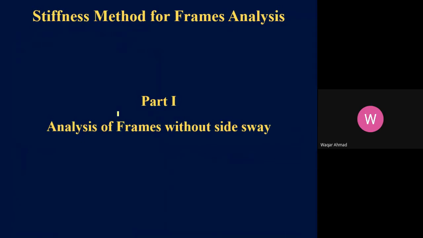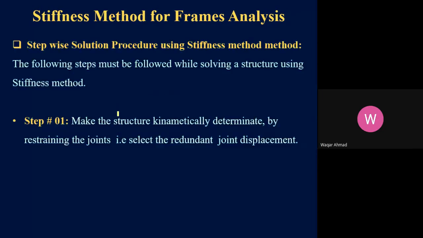Now let's analyze the frames without side sway. Let's first consider those frames which do not deflect laterally, and let's analyze them using the stiffness method. The stepwise procedure for analyzing the frames using the stiffness method is the same as we discussed for the beams, but let's quickly go through this.